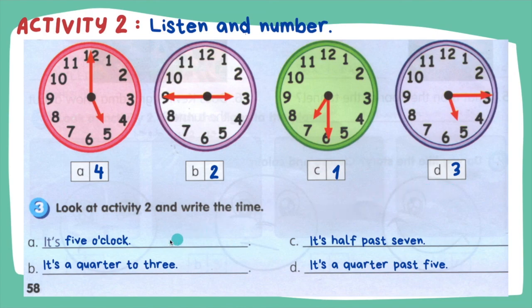Okay, now let's look at activity 3. Look at activity 2 and write the time. Look at A, this one. It's 5 o'clock. B, it's 2:45.